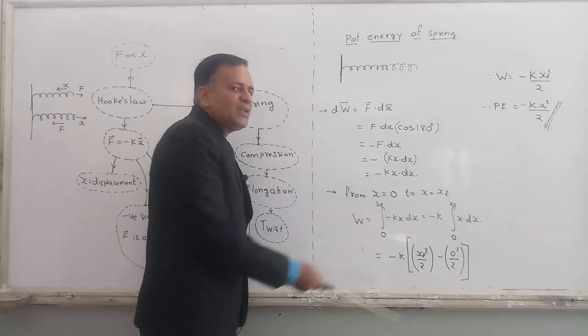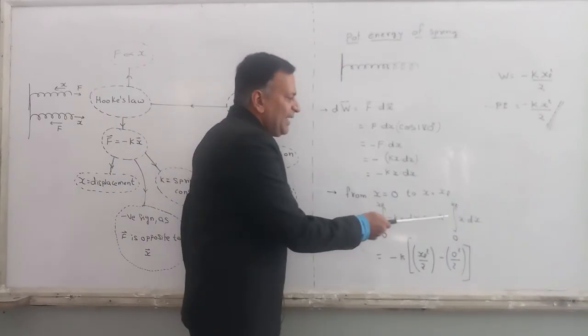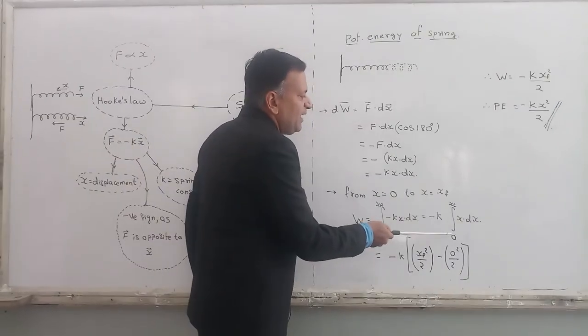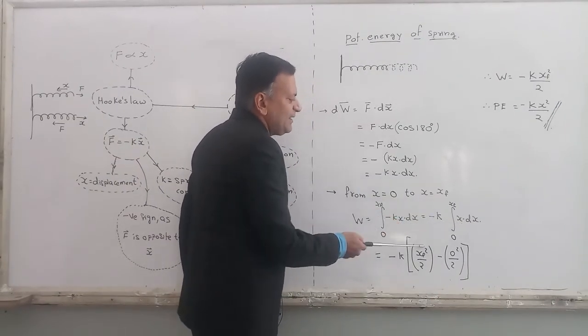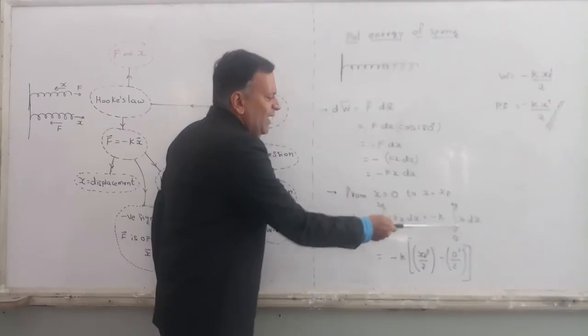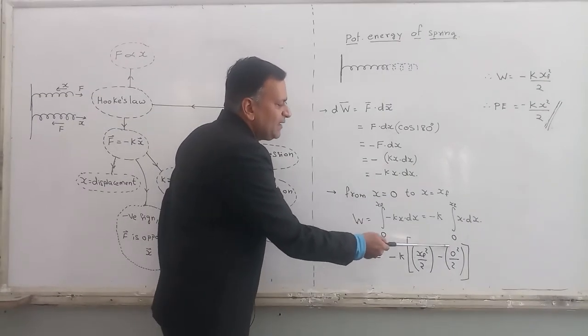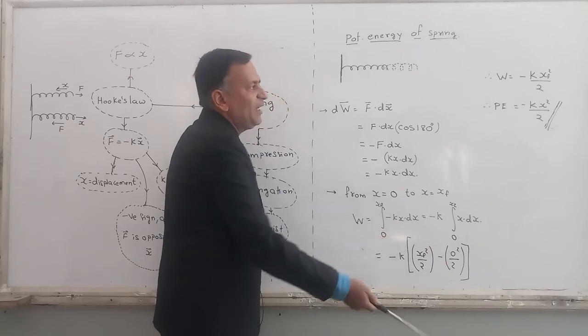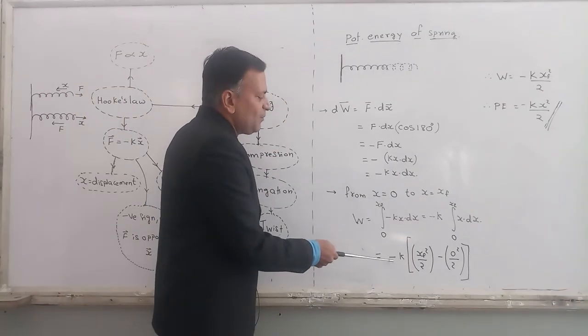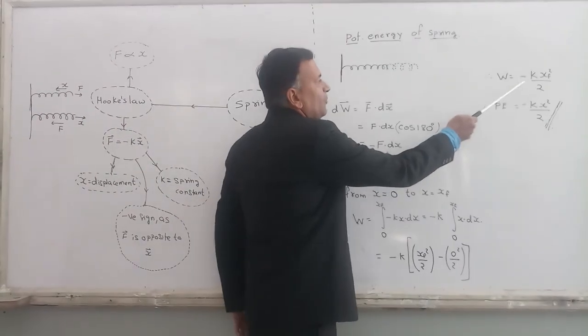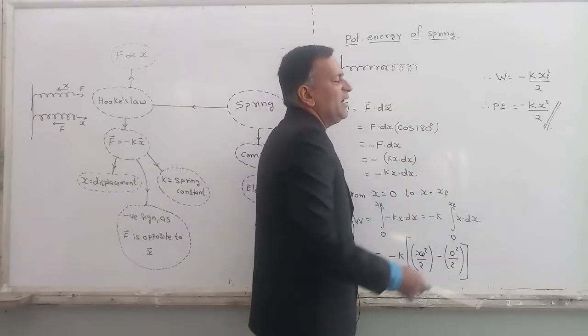Minus k comes outside. आप सोचो क्यों? Integration of x dx between 0 to xf. What is integration? x square by 2. So just put this value: xf square by 2 minus 0 square by 2. This is ultimately going to give you 0. And what is this? Minus k xf square by 2. This is the work done.